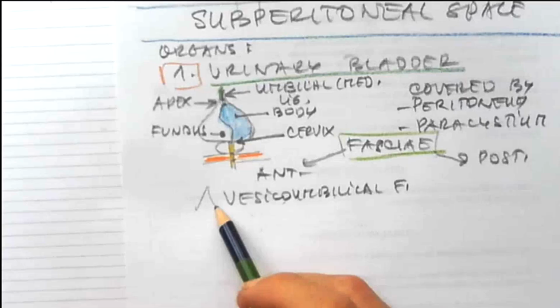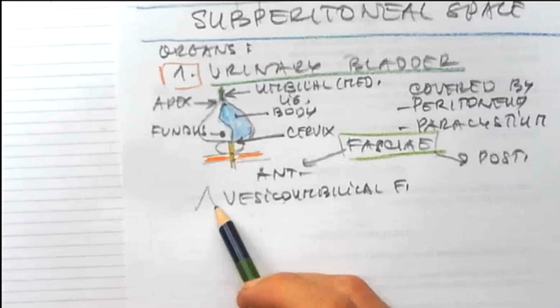In surgery, the surgeons know it under the name Denonvilliers, because they know it from operations of the rectum. So, Denonvilliers fascia.